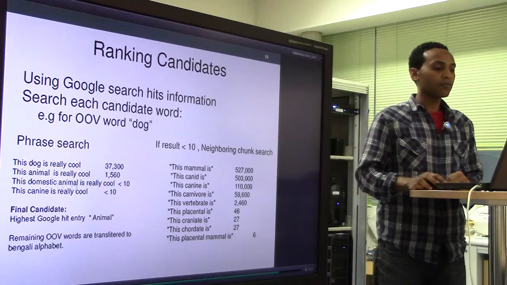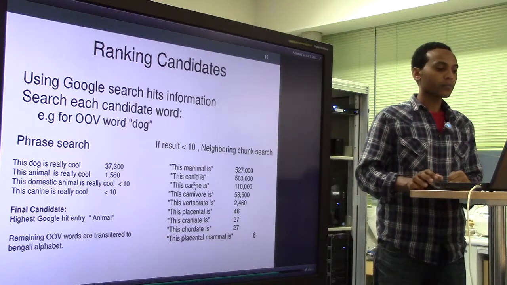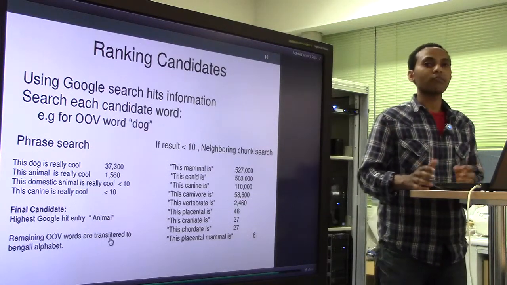If the phrase search returned less than 10 results, then they consider neighboring chunk search by using the other hypernyms of dog. So the mammal, the canid, and so on. If this also fails, then they just transliterate the word as an out of vocabulary word.